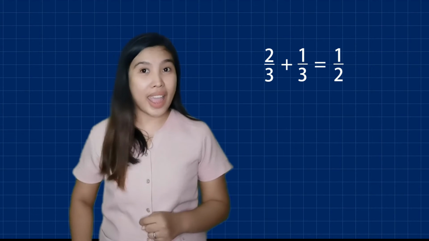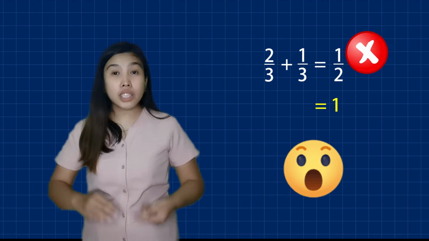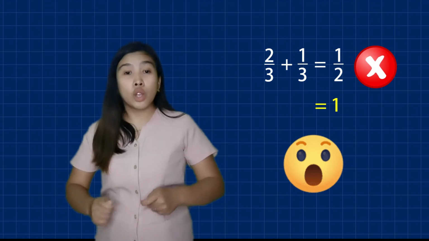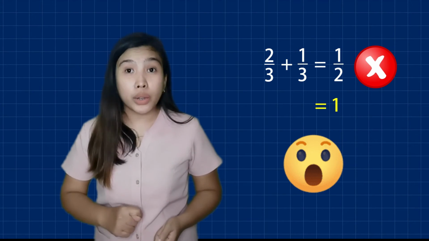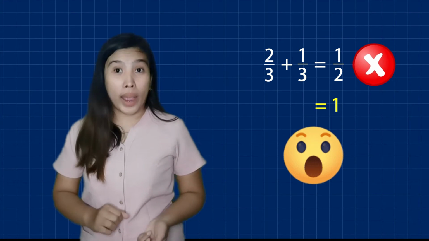So timer starts now. So the answer is a wow react button. Why? Because 2/3 plus 1/3 is equal to 1, not 1/2.